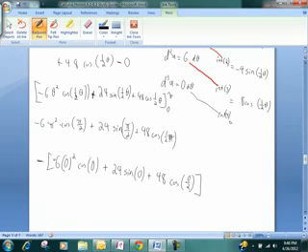And here's the thing, this collapses to 0 because cosine of pi over 2 is 0. This collapses to 0 again because it's 0 times something. This collapses to 0 because sine of 0 is 0.